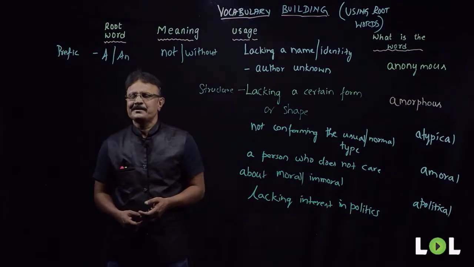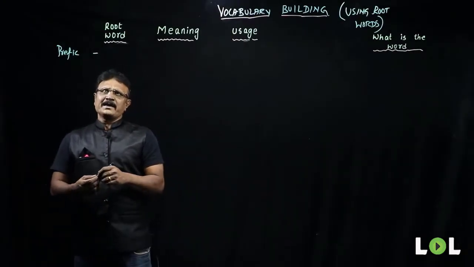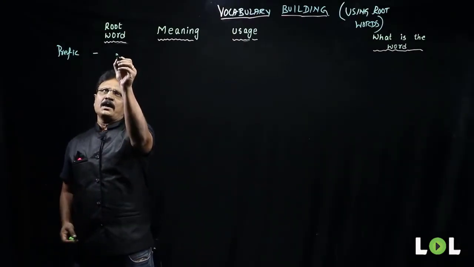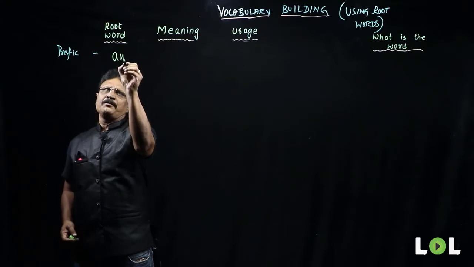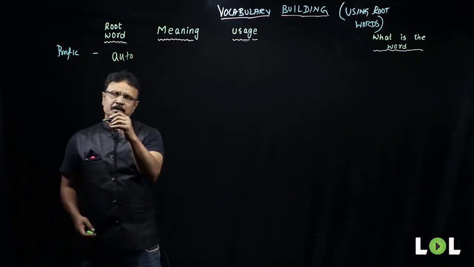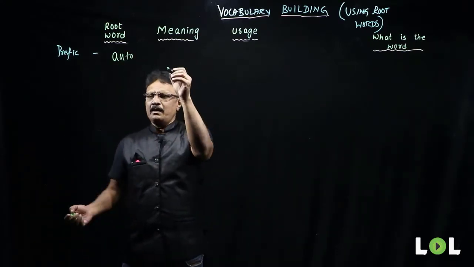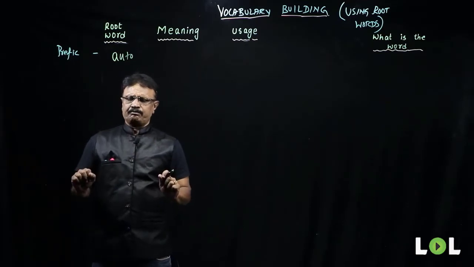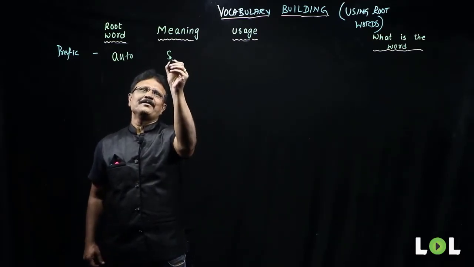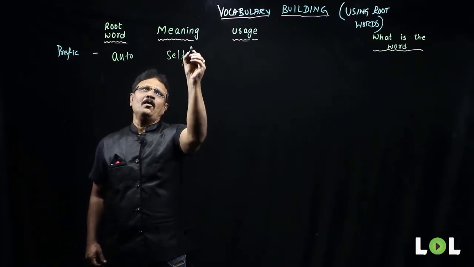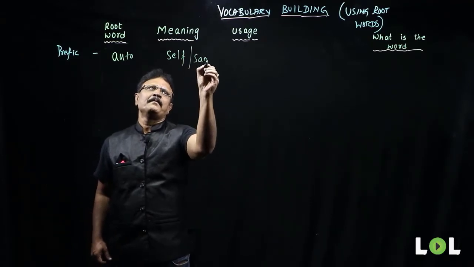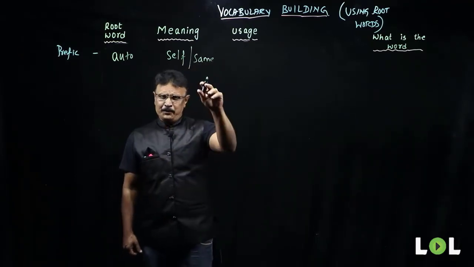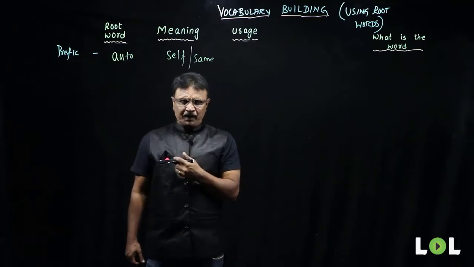All right, moving on to the next root word, which starts with auto. It's a prefix again. Let's look at the prefixes first. I'm sure you know auto means self or same. I'll give you the usage of the word that I want you to guess.